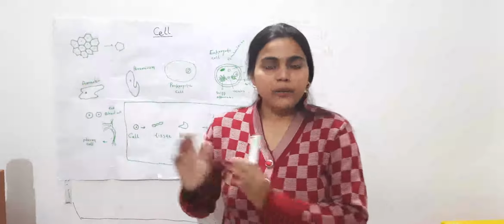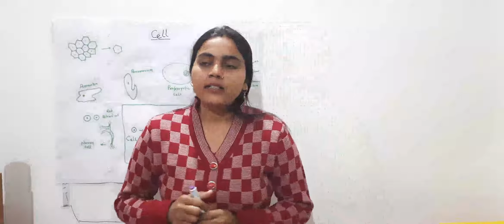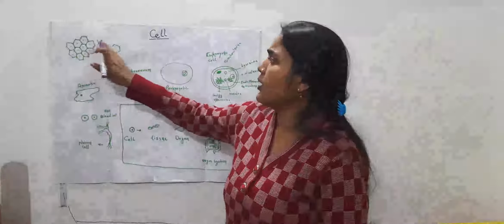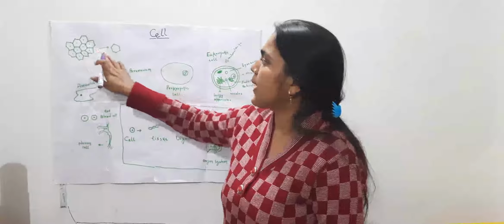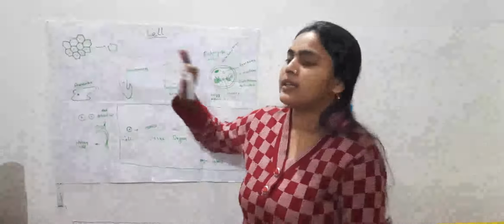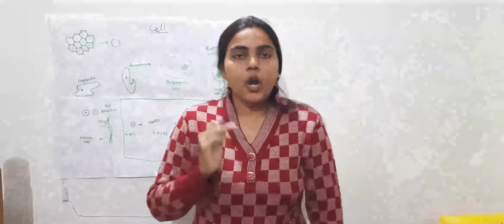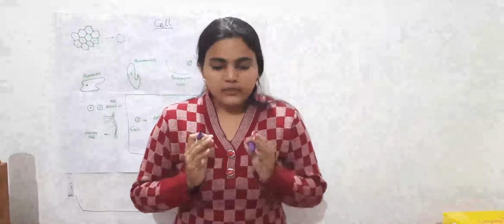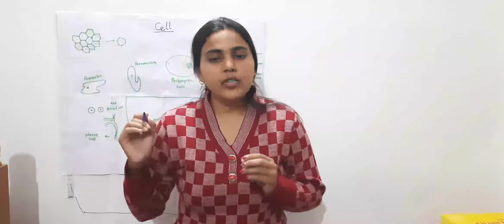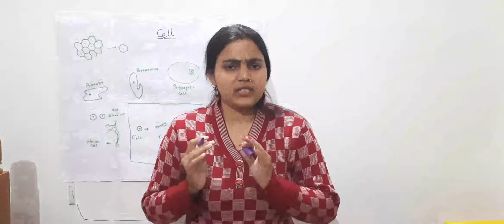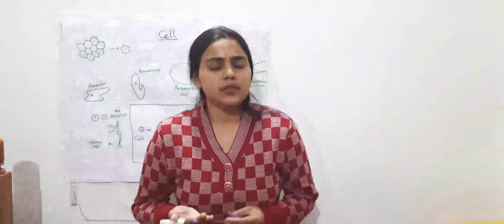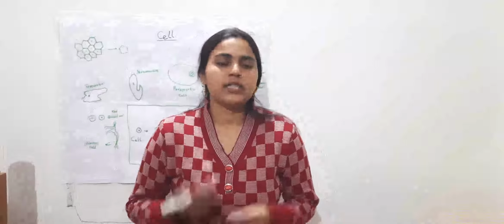Those are joined to each other, and one particular hexagonal compartment he named a cell. The Latin meaning of cell is a small room, and I think that is why he called it a cell.